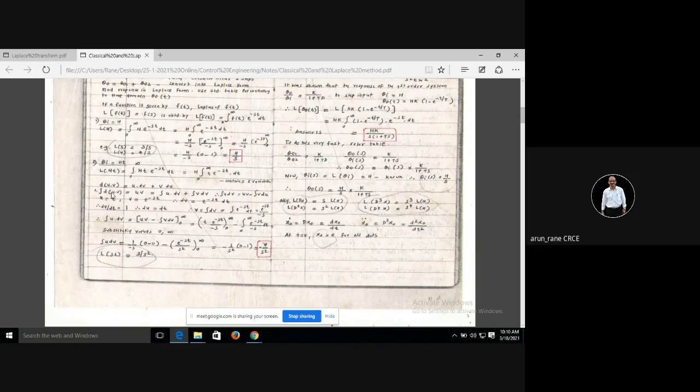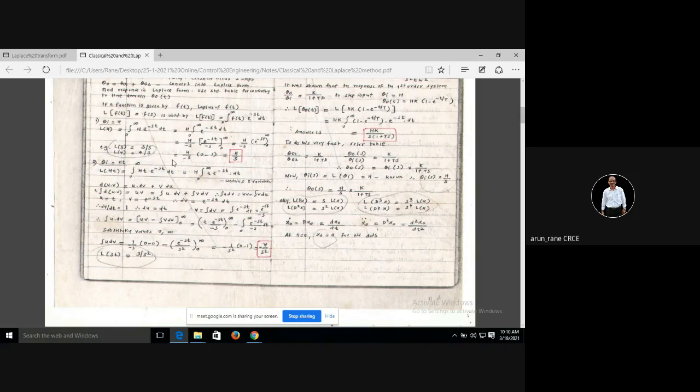Suppose we are given input in time domain as 3t. Laplace of 3t will be 3 by s square. If you have been given input as only 3, a constant value, then Laplace of 3 will be 3 by s.